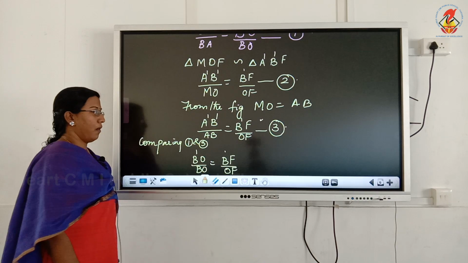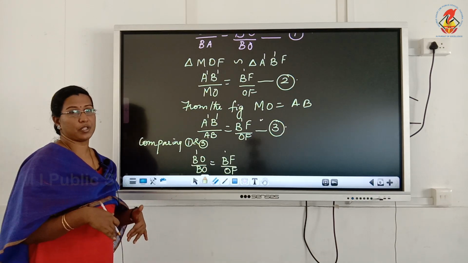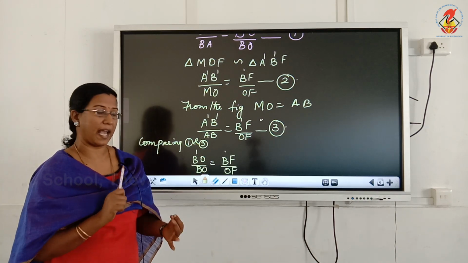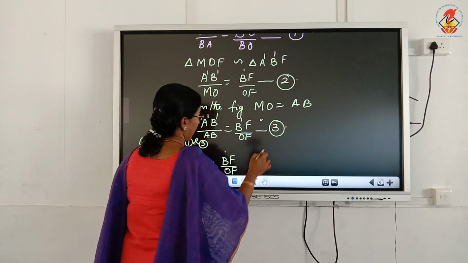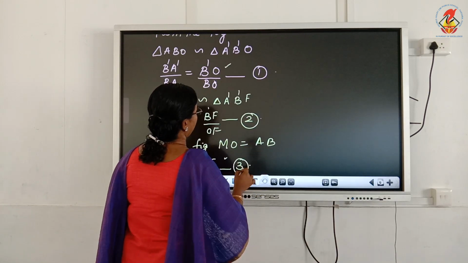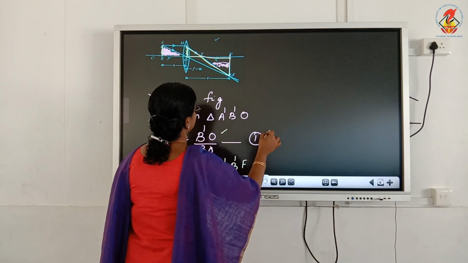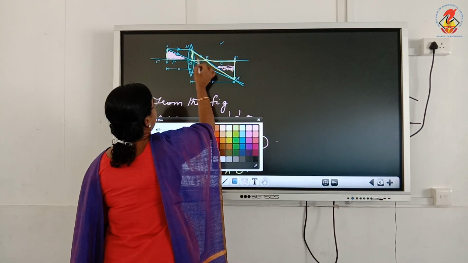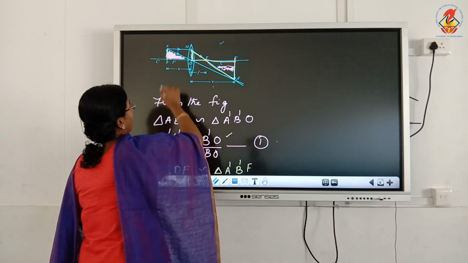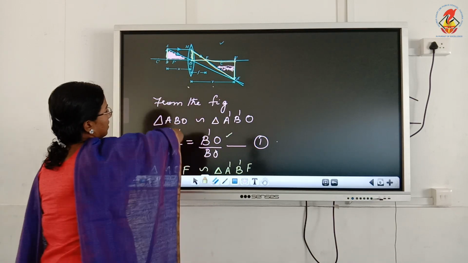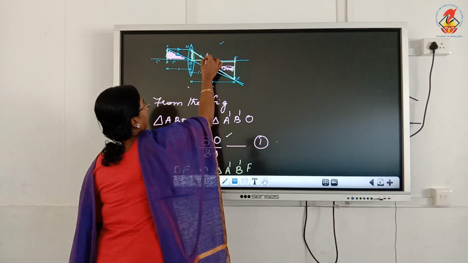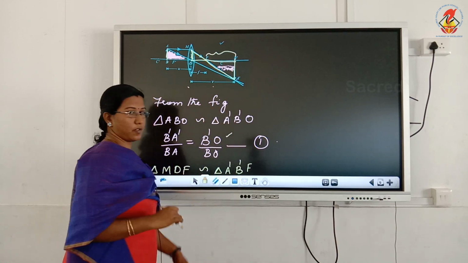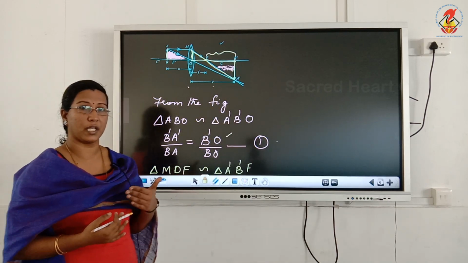Now, our aim is to formulate an equation using U, V and F. If you look at this diagram, B dash O is the image distance, BO is the object distance. But what is B dash F? We don't know what B dash F is. So what we have to do is convert B dash F into the known terms.